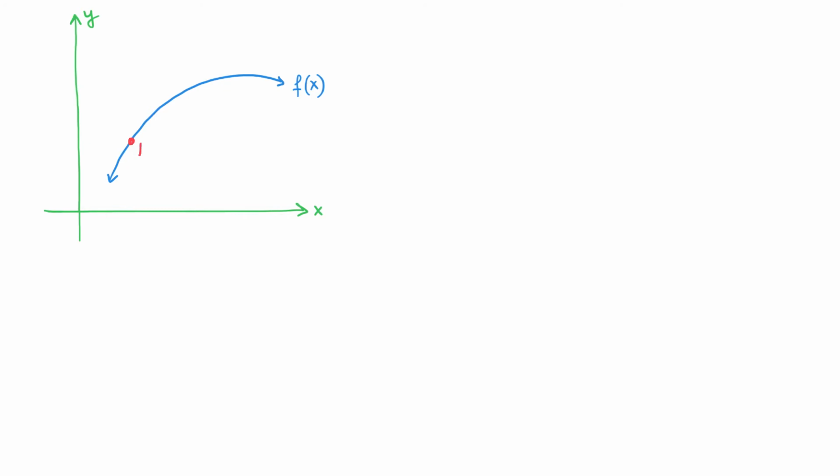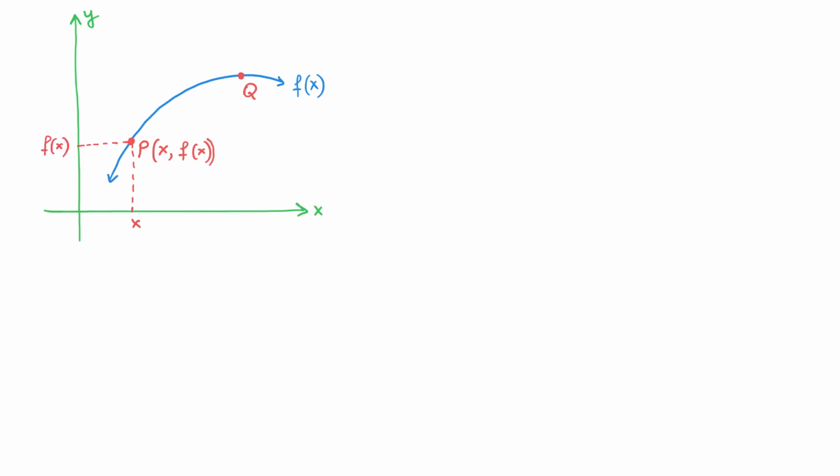Now let's consider the following graph. So here we have a curve f of x, and on this curve we have 2 points. One point is P and the other one is Q. Point P has the coordinates x and f of x. So if from this point we draw a perpendicular down to the x-axis, then here we will have x, and if we draw a perpendicular to the y-axis, then here we will have f of x.